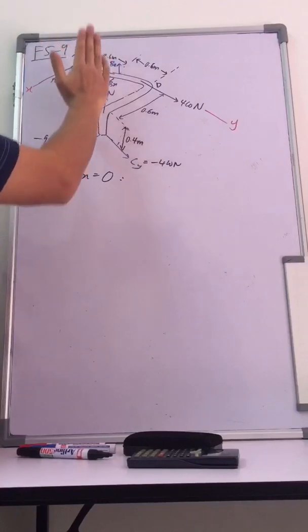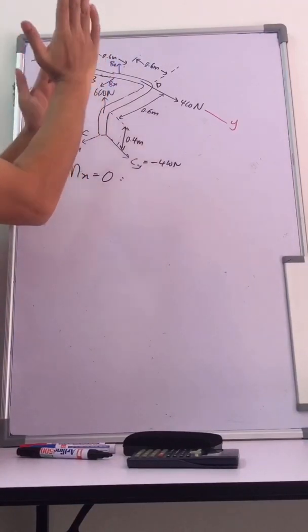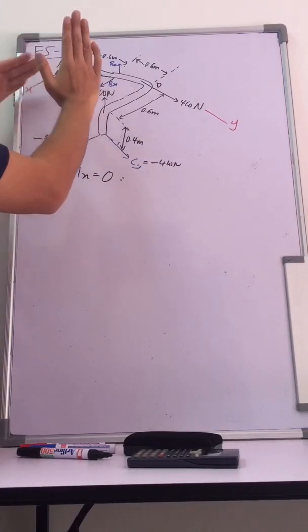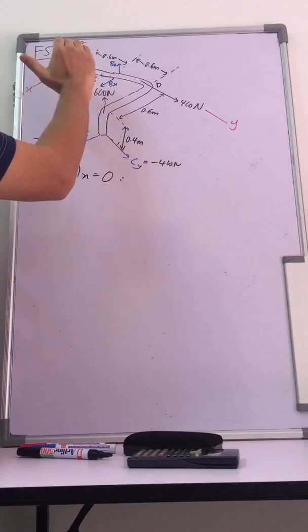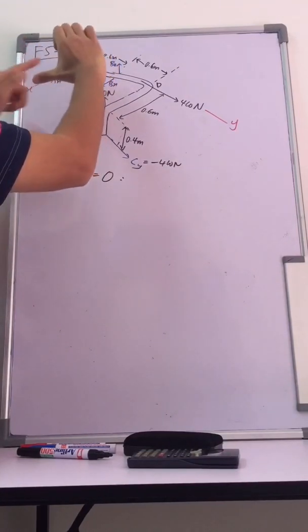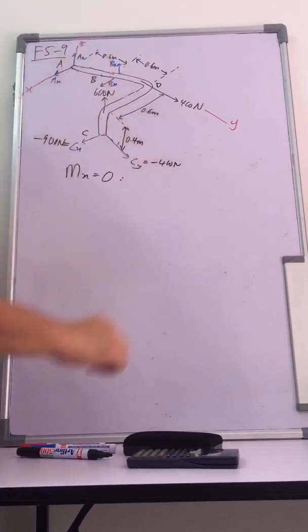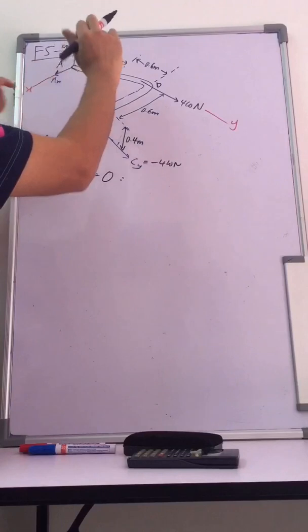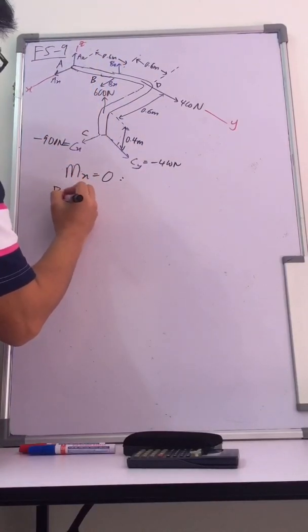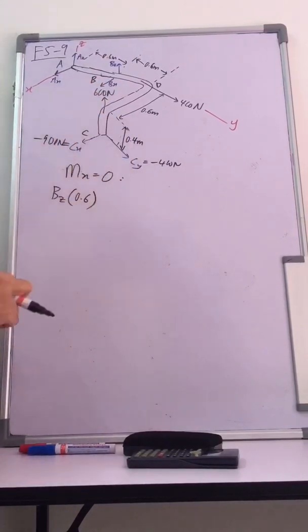you go upwards, right? And then this is the arm. Your palm will face the arm towards the x-axis. You curl around the axis, and then can you see that actually you have moment about x? This is x, isn't it? The direction is positive, so you have positive moment of force Bz, with the distance of 0.6 meter.